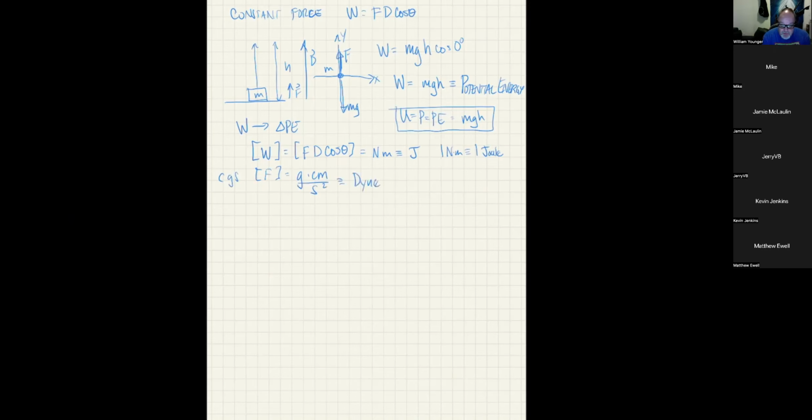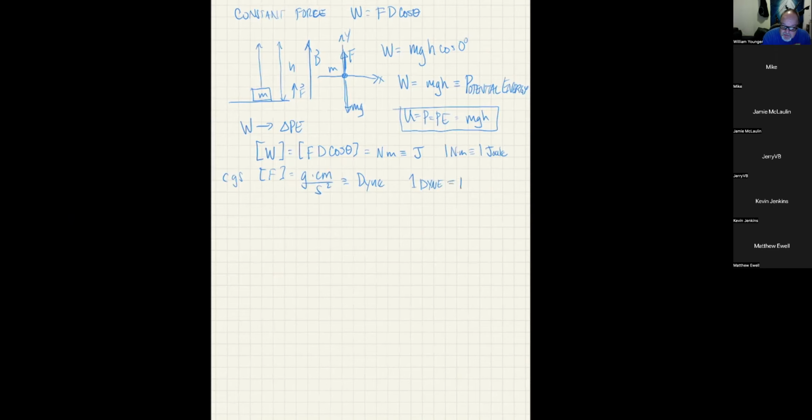And you can already tell that 1 dyne, notice the Newton is a kilogram meter per second squared. So the Newton is 1,000 times larger because of the kilogram instead of the gram. And it's 100 times larger because of the meter instead of the centimeter. So in fact, 1 dyne should be 10 to the negative 7th newtons. Or another way of saying it is 1 Newton is equal to 10 to the 7th dyne. And that's where we get terms like dynamometer, okay?